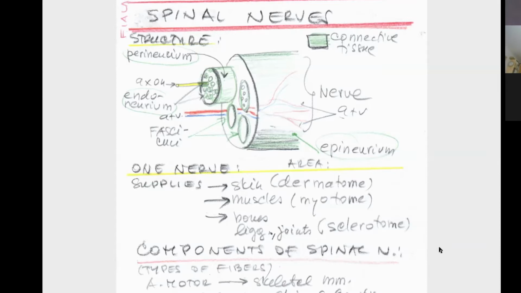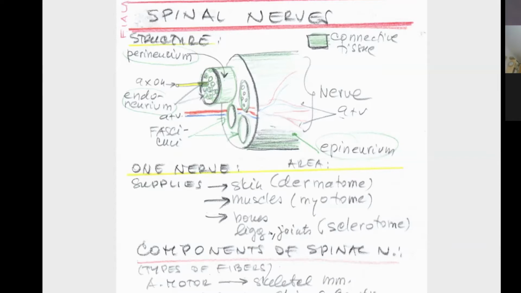So the connective tissue covers all the surfaces of the neuron, of the axons or the fasciculi of the neurons, and also the whole nerve. Don't forget that the neuron is or must be supplied by the blood. So that's why we see also artery and vein passing into the neuron.